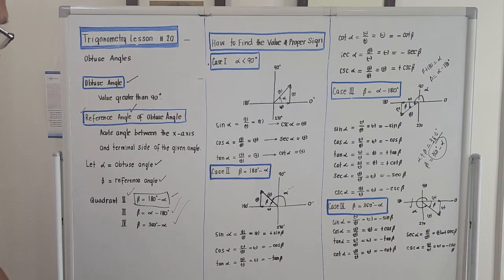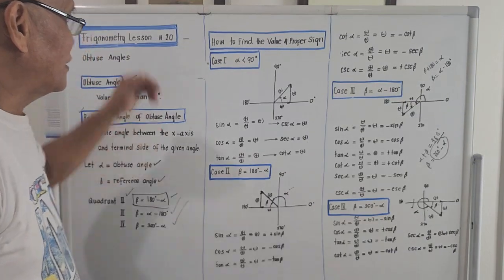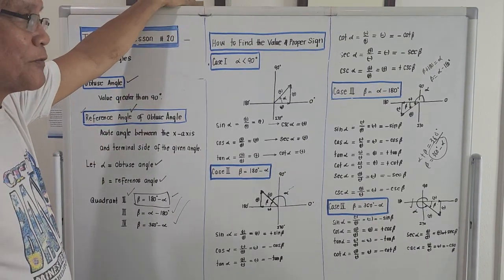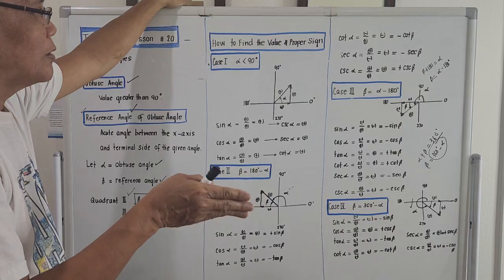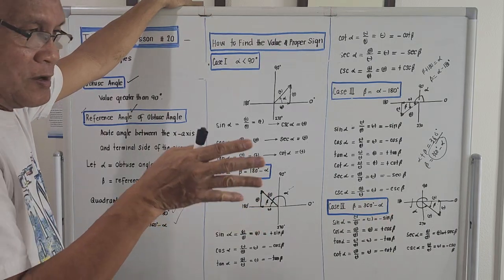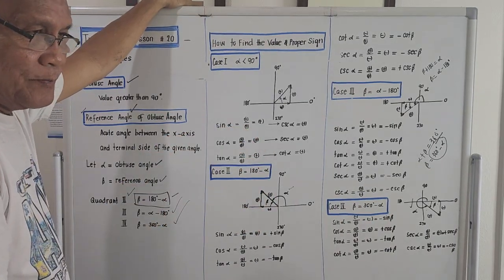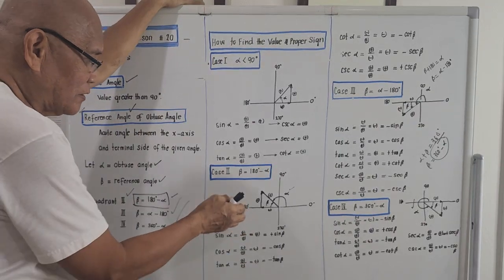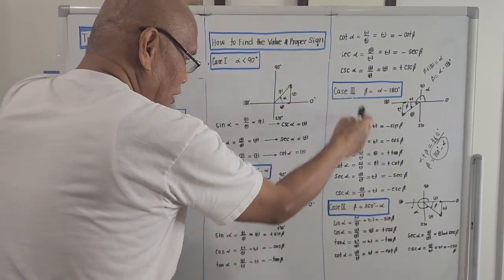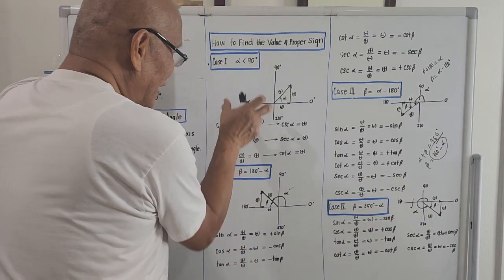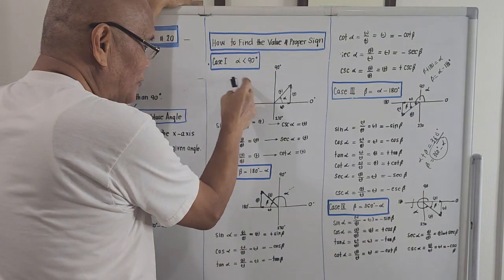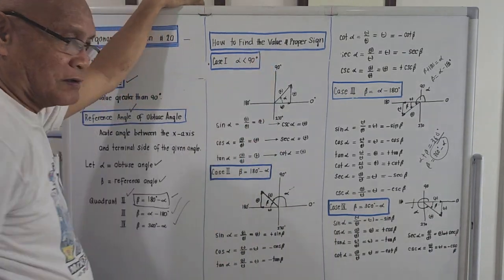Okay, this will now be the proper way to find the value and proper sign of obtuse angles under quadrant number 2, 3, and 4. We now include case number 1, if the angle is less than 90 degrees.